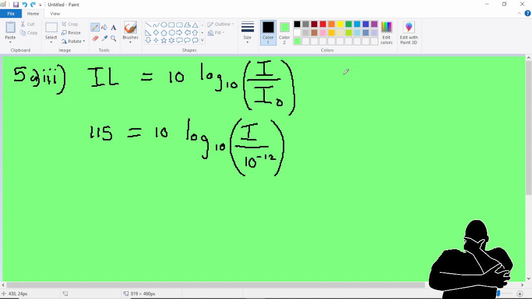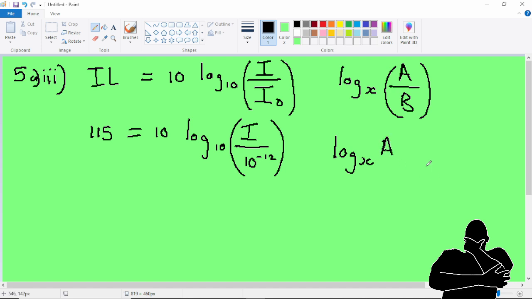One of the rules of logarithms is that if you have log base x of, let's say, a over b, this is equal to log base x of a minus log base x of b. We'll get into what the log actually means as we approach it, but let's just work with this for now.